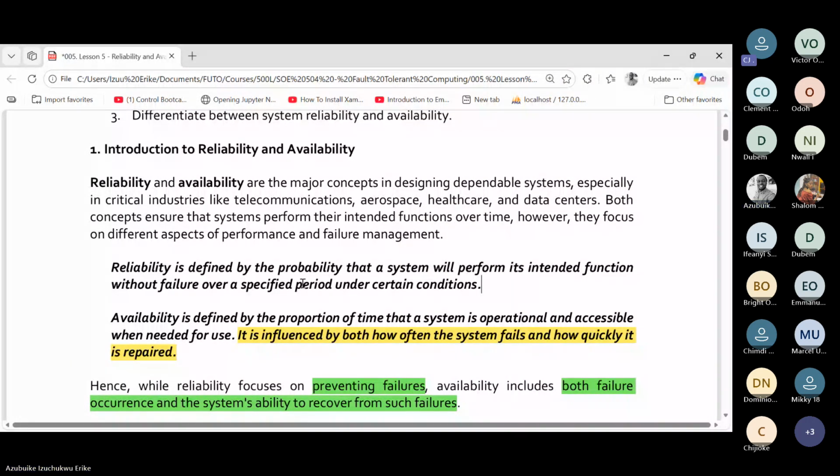Now, the second thing that we are looking at is availability. We say it is defined by the proportion of time that the system is operational and accessible when needed for use.